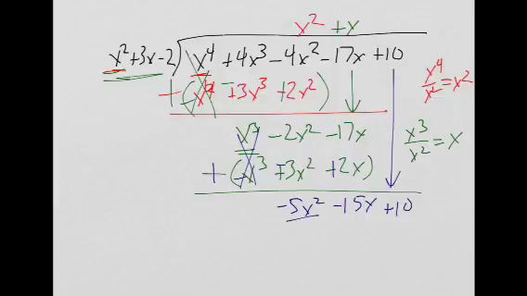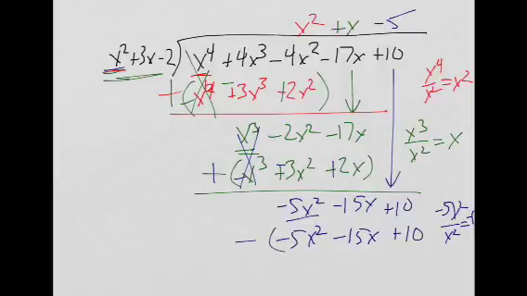So then I go first term. Negative 5x squared divided by x squared is a negative 5. So I'll take negative 5 times x squared, a negative 5 times 3x, a negative 5 times 2, and I subtract that.